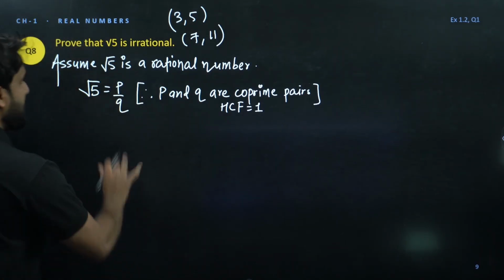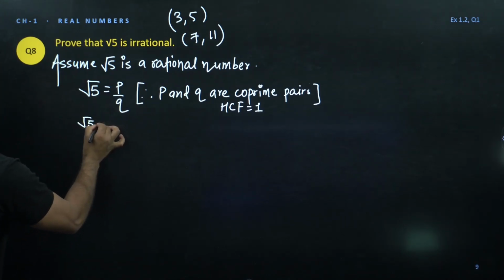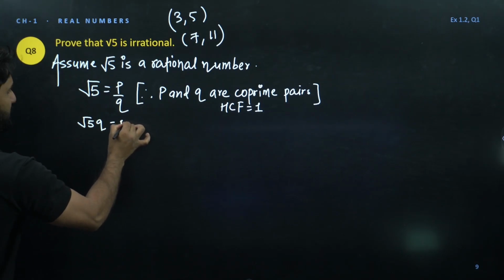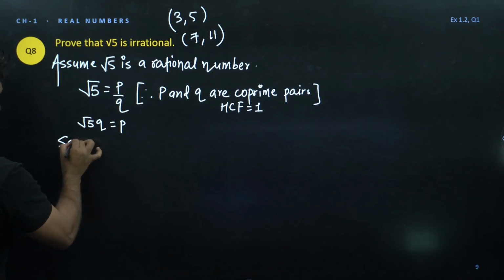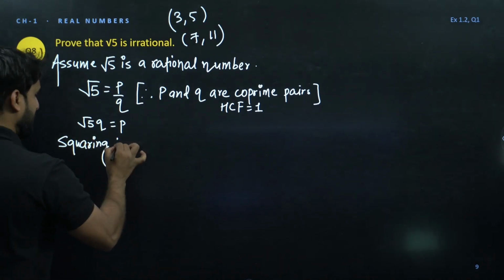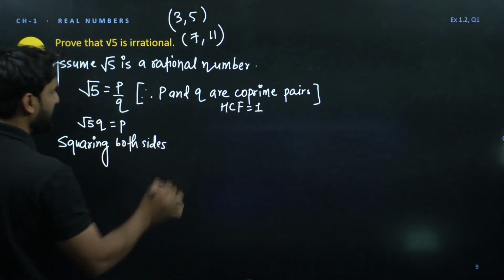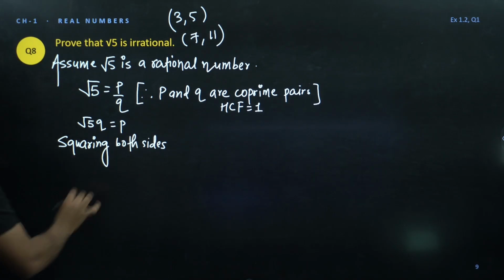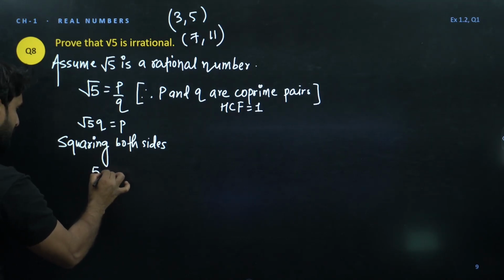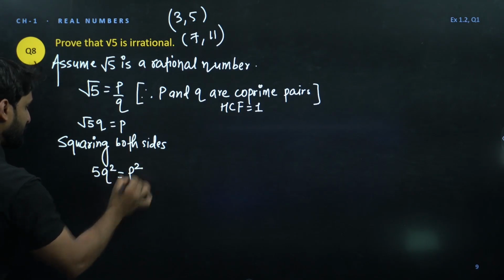Okay. Now my dear students, cross multiply. So if we cross multiply here, root 5 Q will be equal to P. Now squaring both sides. So dear students, if we are squaring both sides, the root will be removed and the equation will look like 5Q square is equal to P square.